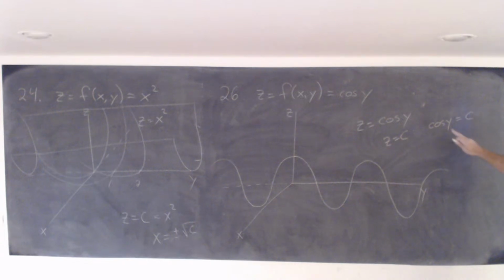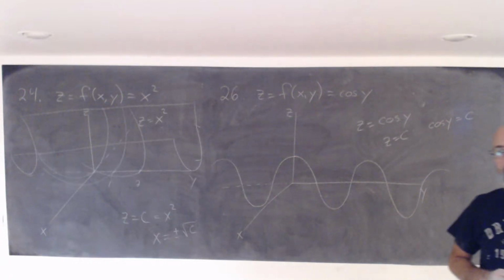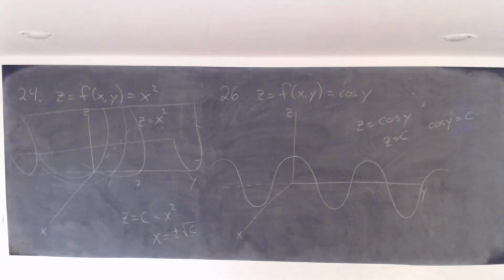C is fixed here, so there are only a few values of y which make this true. And so you're going to get y is the inverse cos of c, a fixed value of y.